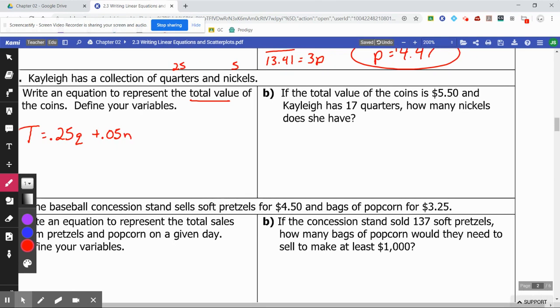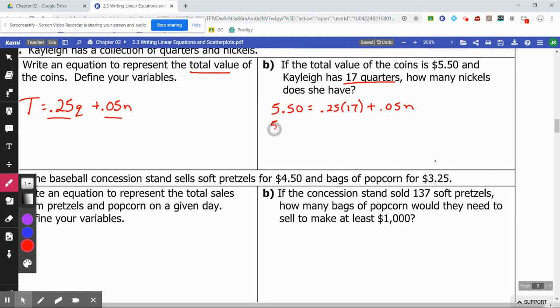So if it says she has $5.50, you notice that that is in dollars. So if we did that as 25 and 5 over here, we would have to done this as 550 cents. So 550 is equal to, she has 17 quarters, so 0.25 times 17, but we want to know how many nickels she has, so 0.05 times N. First thing we're going to do is the 25 times 17, so 17 quarters.